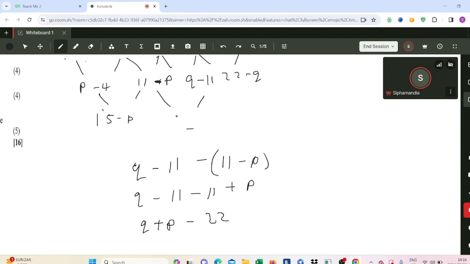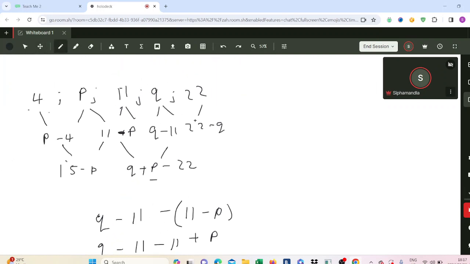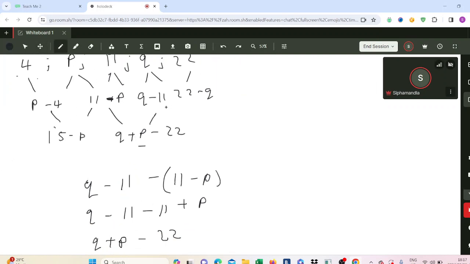Now let's do this one, which is 22 minus Q minus into Q minus 11.